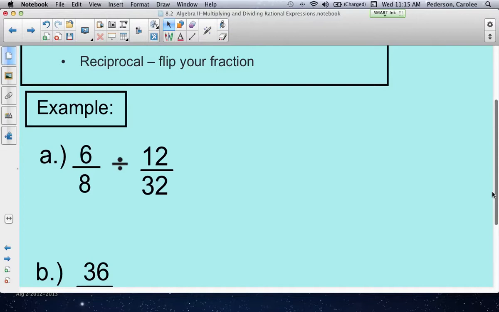The first couple examples, I'm just going to warm up with you from pre-algebra, Algebra 1 concept, so you can remember how you reduce fractions. So we have 6/8 divided by 12/32. So we want to change this sign to multiplication, and we want to flip that second fraction.